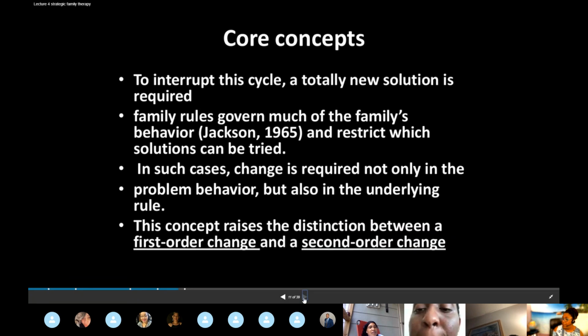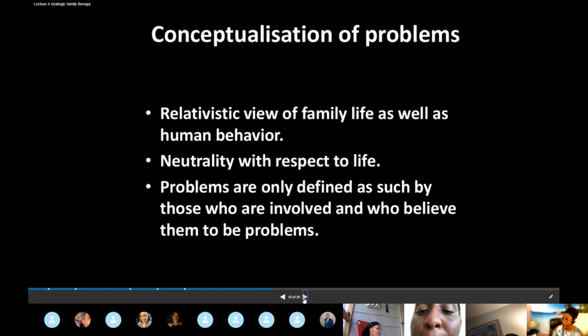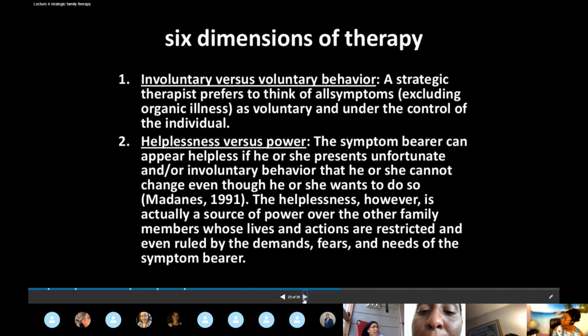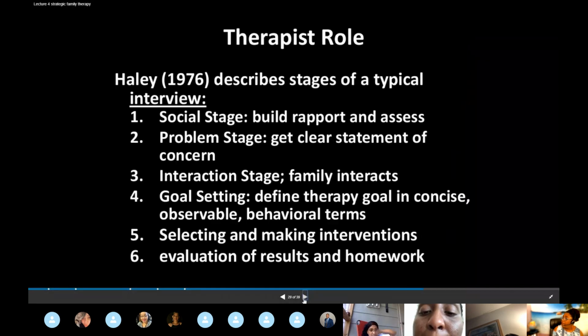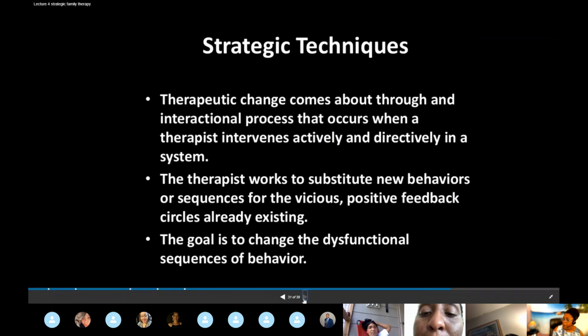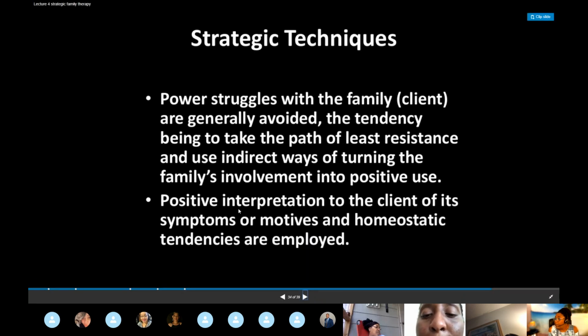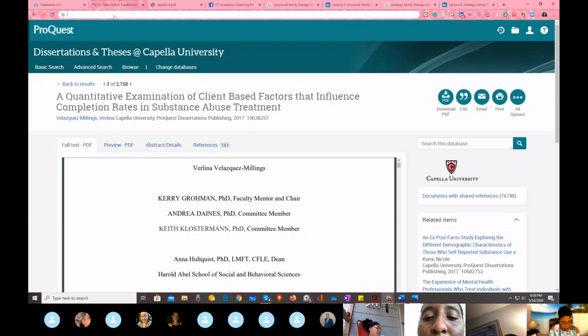Okay, feedback loops. Are you familiar with those? So a feedback loop, most often what happens in my strategic families is it's circular. They come in and you will say, I've got this presenting problem.